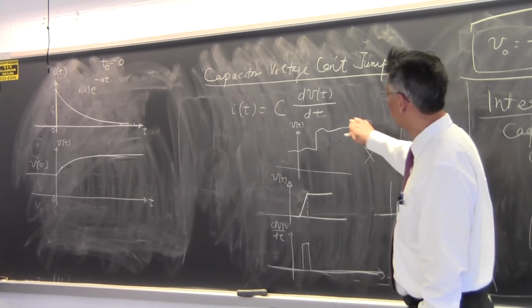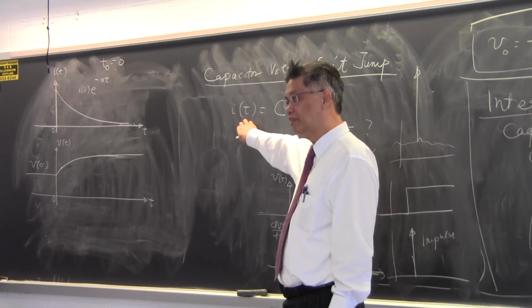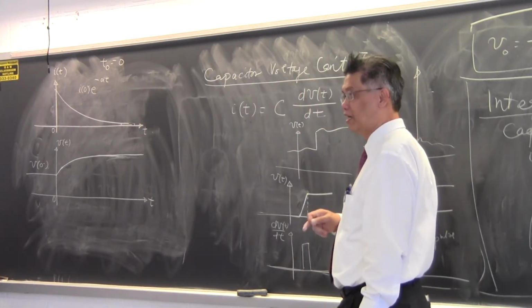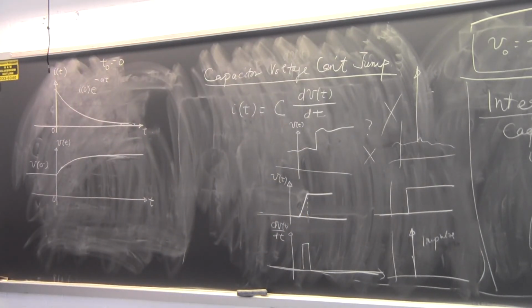But nothing is infinite on the left-hand side, so this is not possible. A step discontinuity in the voltage would produce an infinite current, and there's nothing else to balance it. So a jump discontinuity in the voltage is not possible across a capacitor.